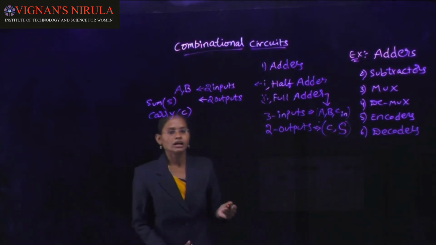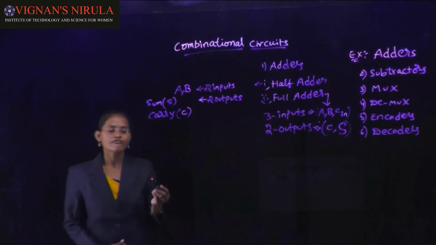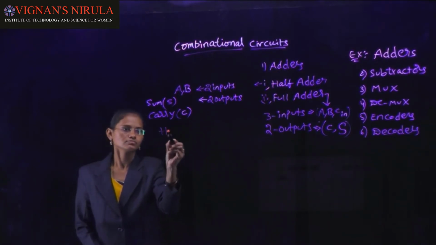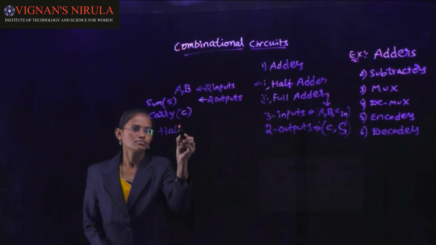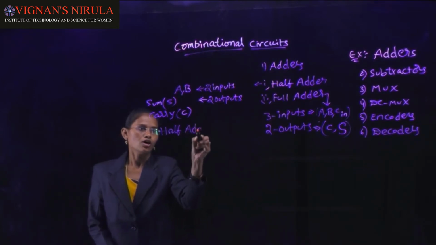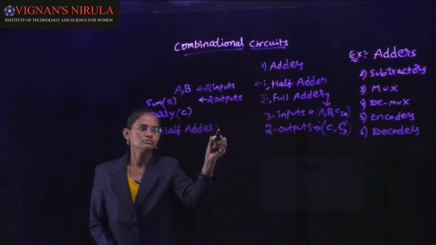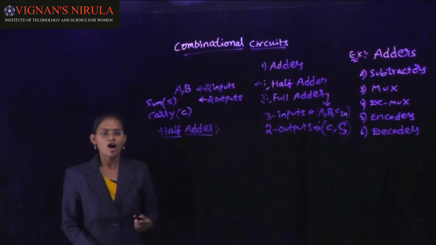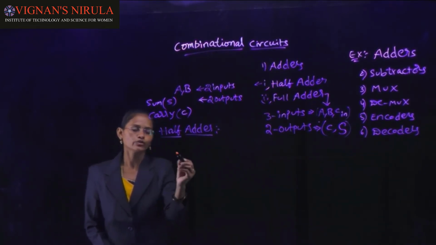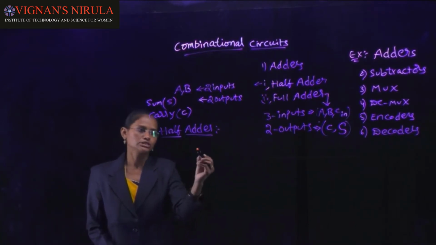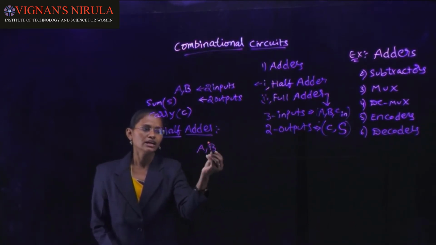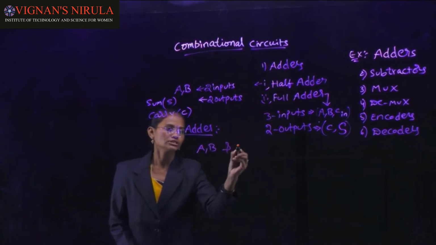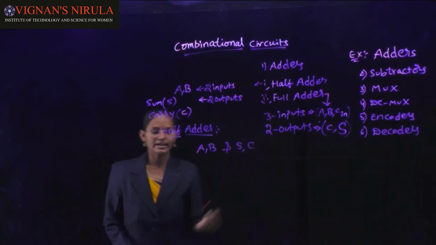Now let's see the half adder. In the half adder circuit we are using two inputs, A and B, and the outputs are sum and carry.